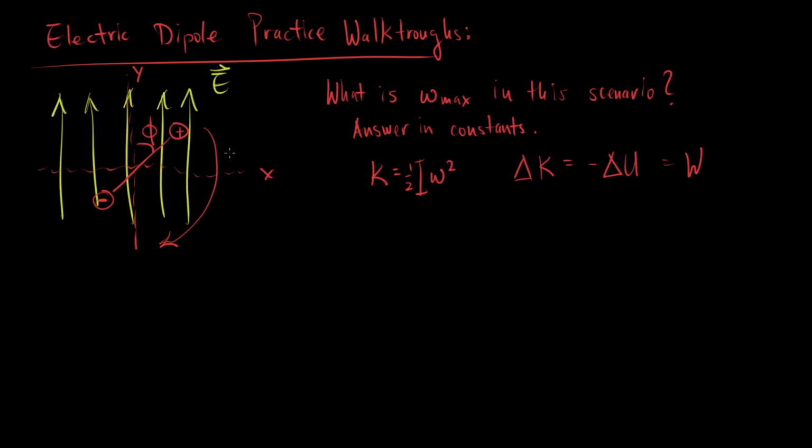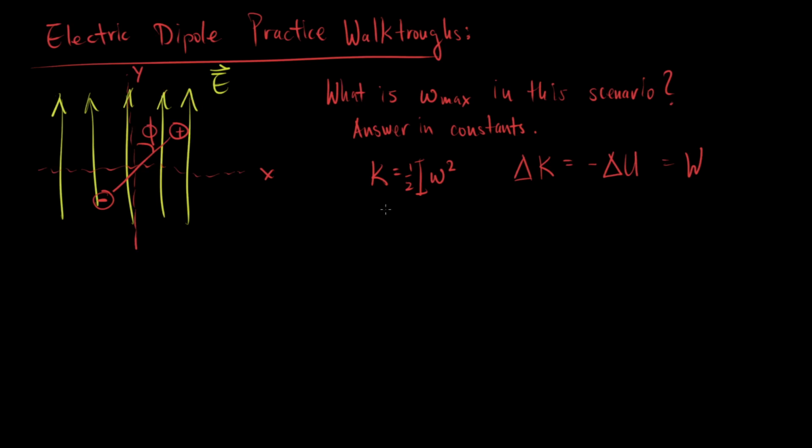It has the natural tendency instead to move in this direction, and so the work done by the E field will go curling in that direction. So we can expect that the angular velocity max, or even kinetic energy max, in that scenario is going to be when the dipole is parallel to this E field.